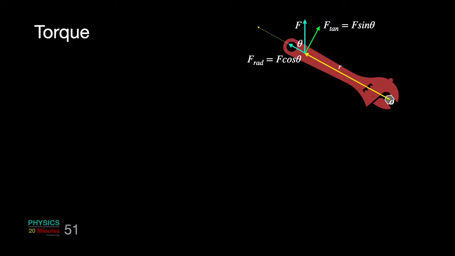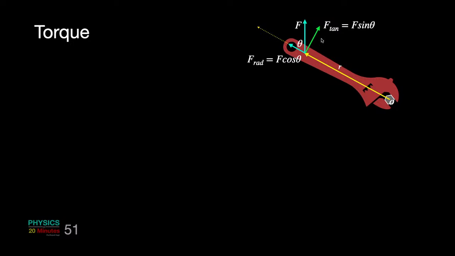The other component of force is tangential to the circle. Remember this point will undergo circular motion, and this component is tangential to the circle. So I will call it F tangential or F tan, and it is equal to F sine theta. So we can resolve this force into two components: radial component F cos theta, tangential component F sine theta.